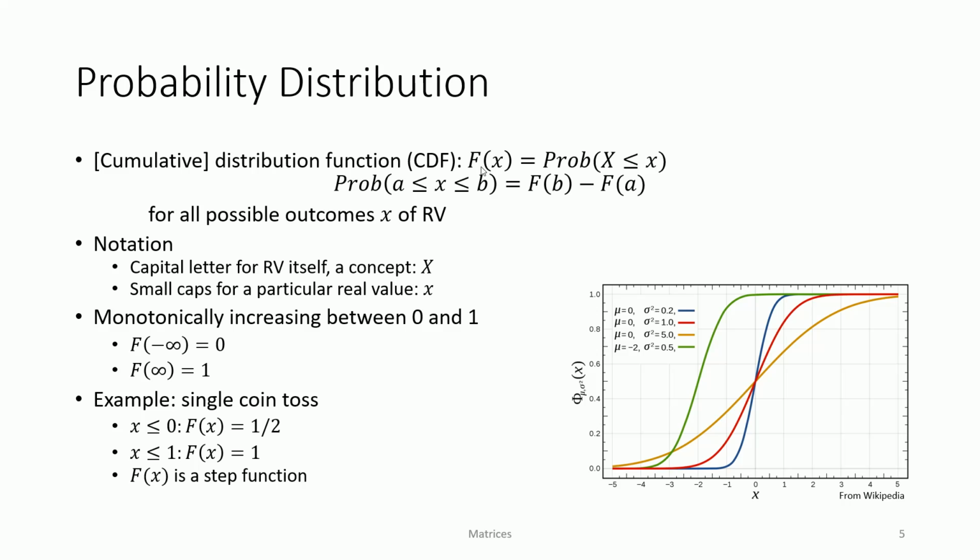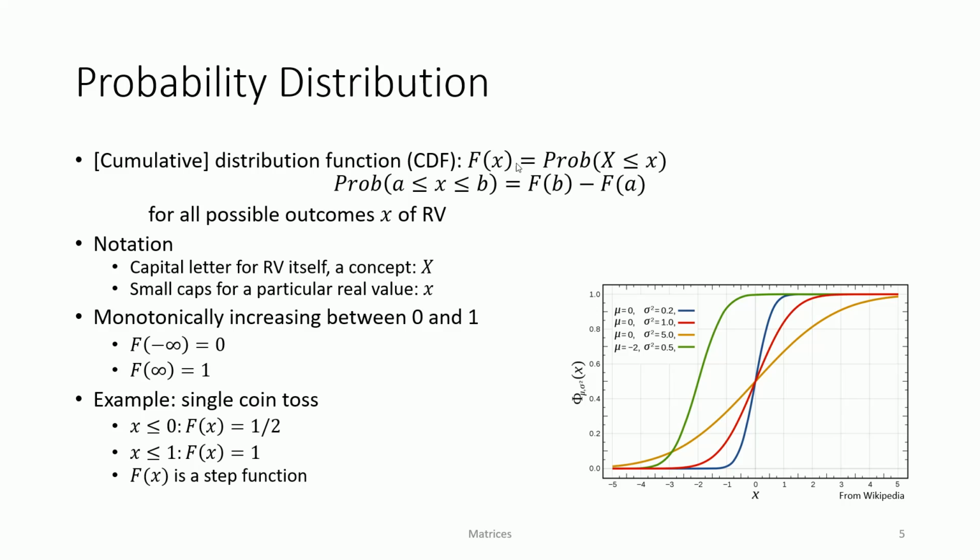Usually we denote it with a capital F, so we'll say F of x. A note on notation: when we use capital X, in this context we usually mean the variable itself, all possible outcomes, and when we use small x, we mean a particular number.